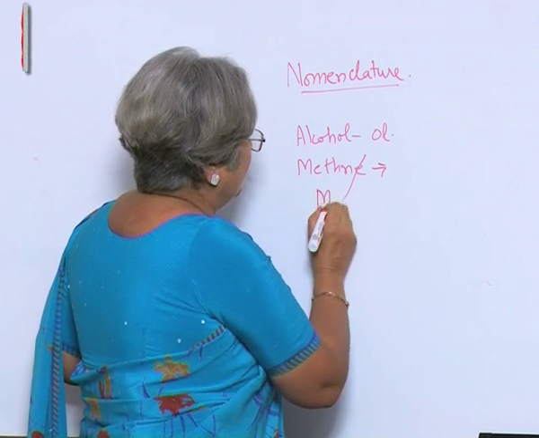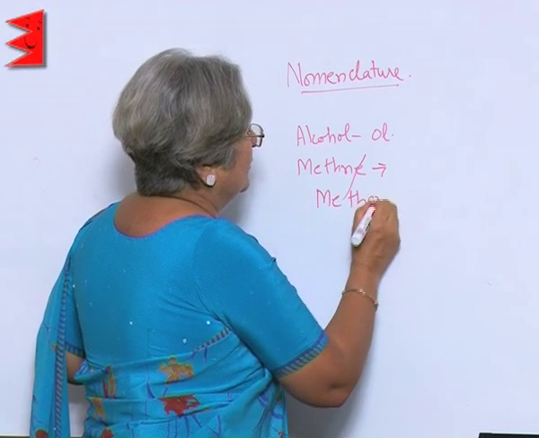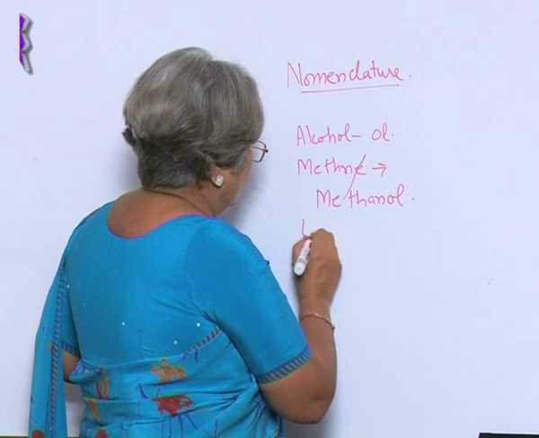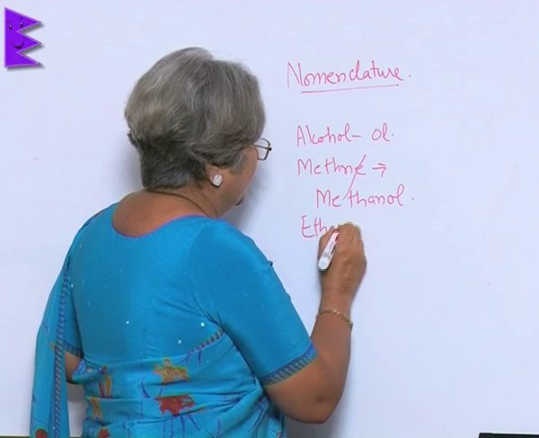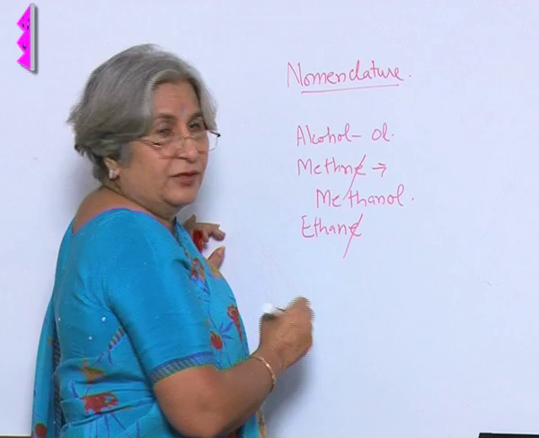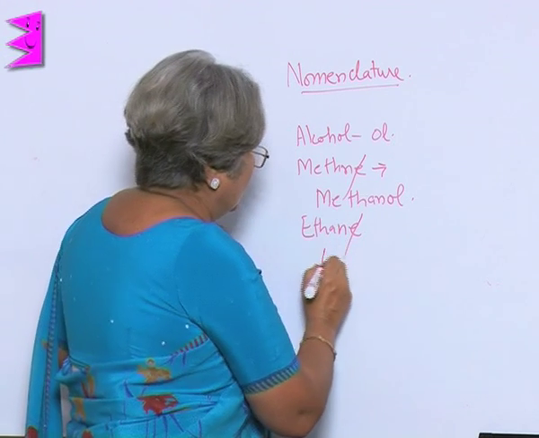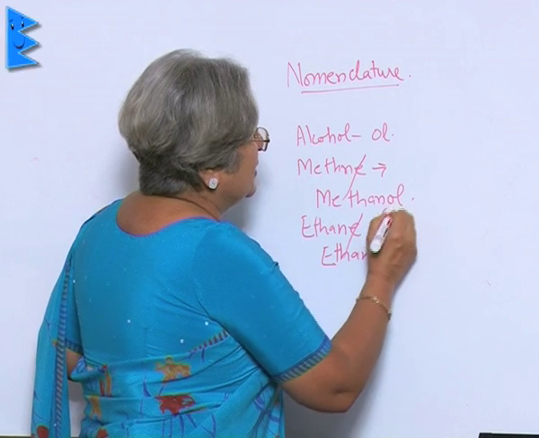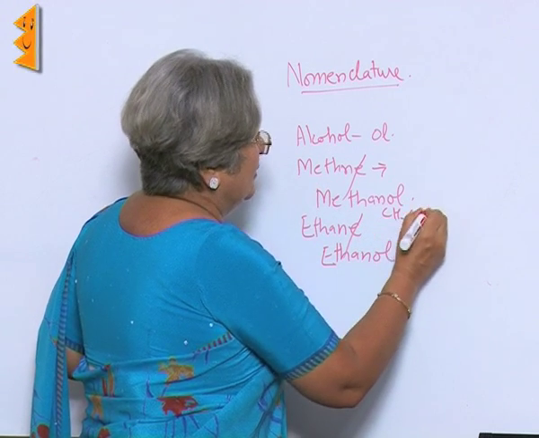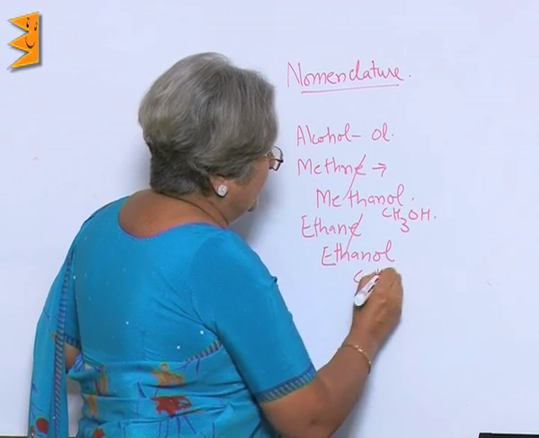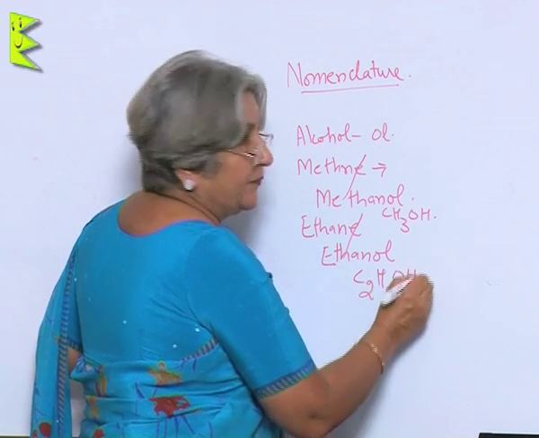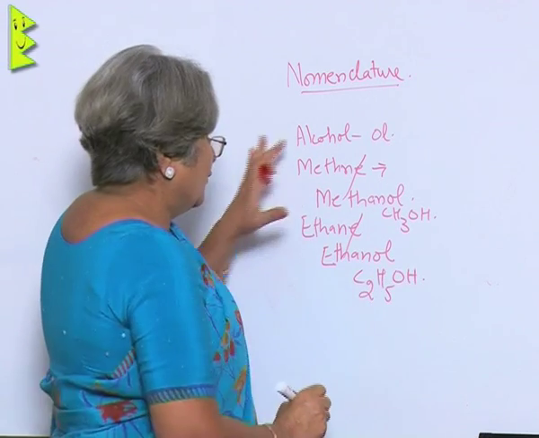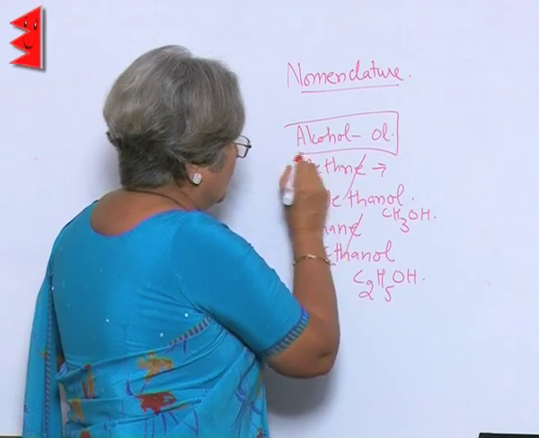So it will become methanol. From ethane, E will be removed, OL will be added, it will become ethanol. That is methyl alcohol and ethyl alcohol. Fine. So for alcohol what we are using is OL.